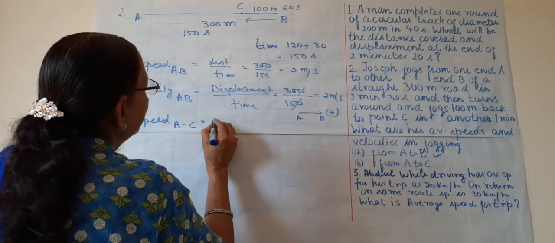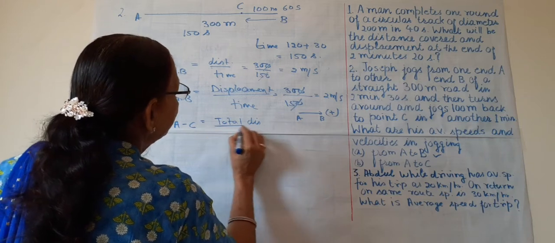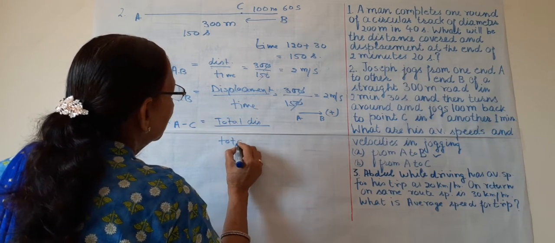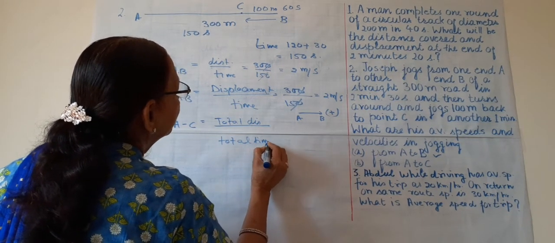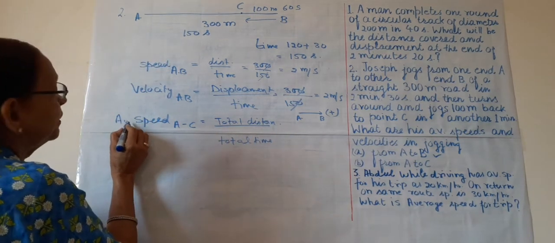So we will write total distance covered upon total time taken. So this will be average speed.